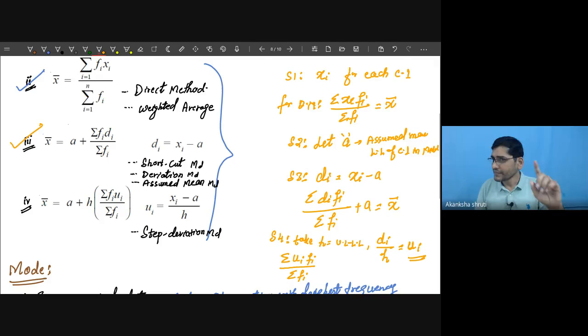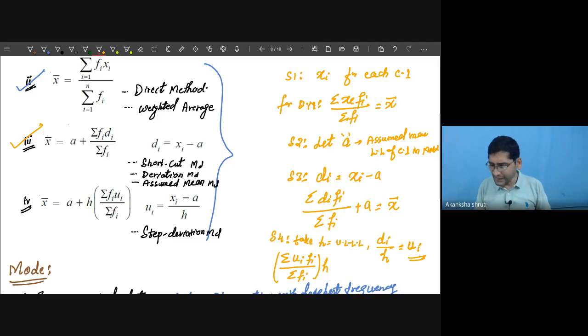But keep in mind, here the factor h has to be considered for the actual mean. Why? Since in the intermediate step we have divided by h, this entire calculation has to be multiplied by h first. So this is the correction factor now.